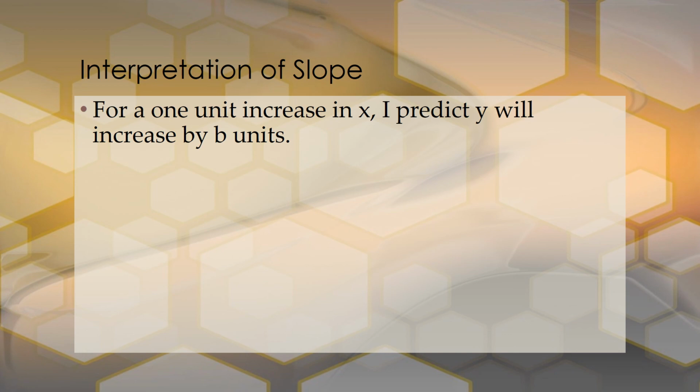So the generic version is, for a 1 unit increase in x, or your predictor variable, I predict y will increase by b units. And y is your outcome variable, and b is your slope that you calculated, that number.